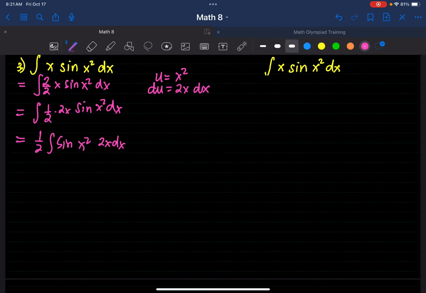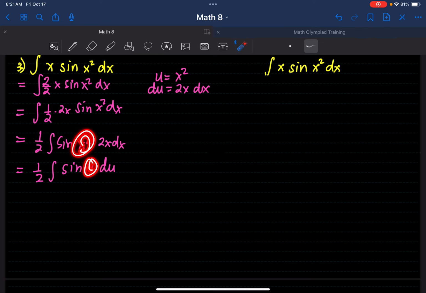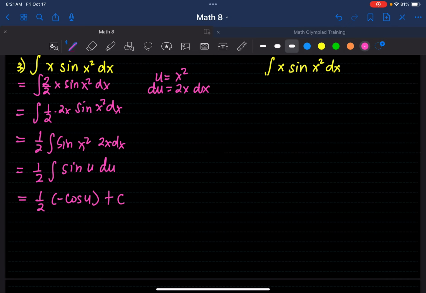Next, let's write this in terms of u. 1 half times the integral of sine u du. So x squared is u, and 2x dx is du. So 1 half integral of sine u is negative cosine u plus c.